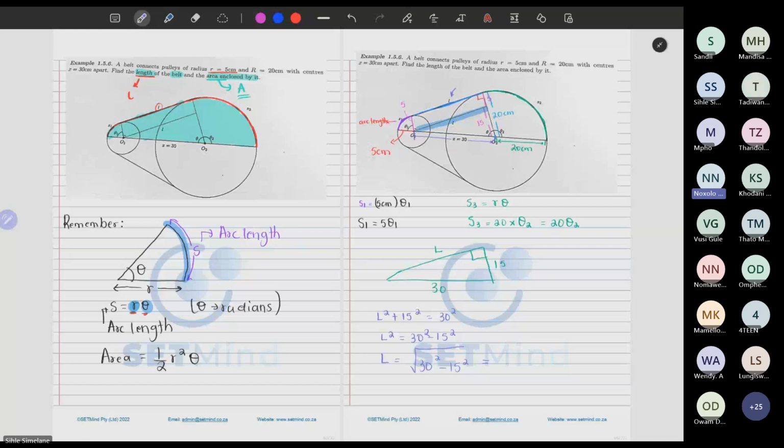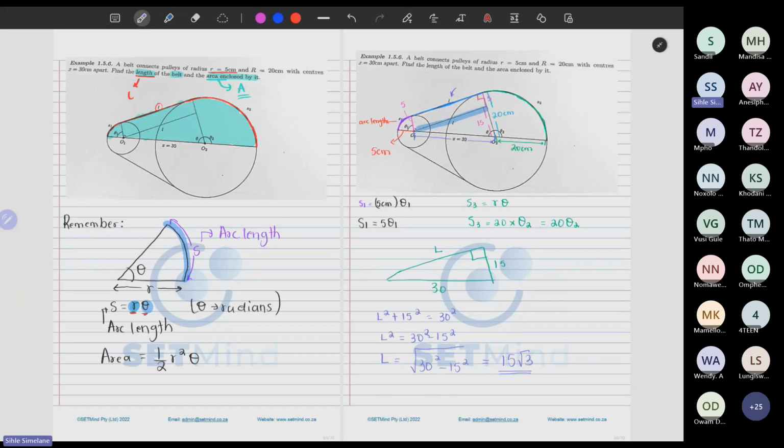It's 675. It becomes, and the square root will be what? 15 root 3. Square root will be 15 root 3.